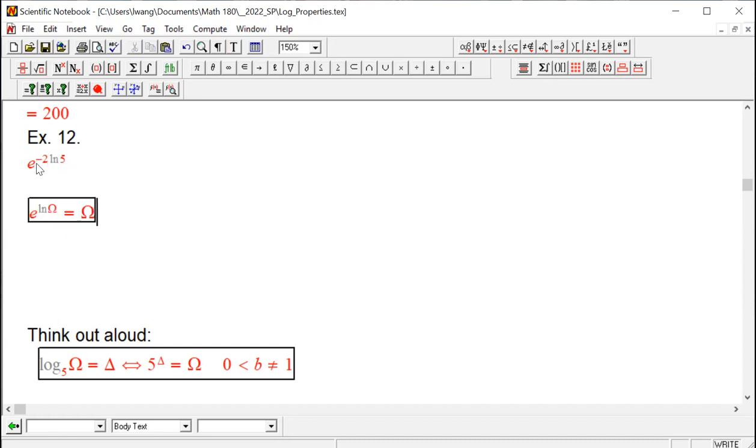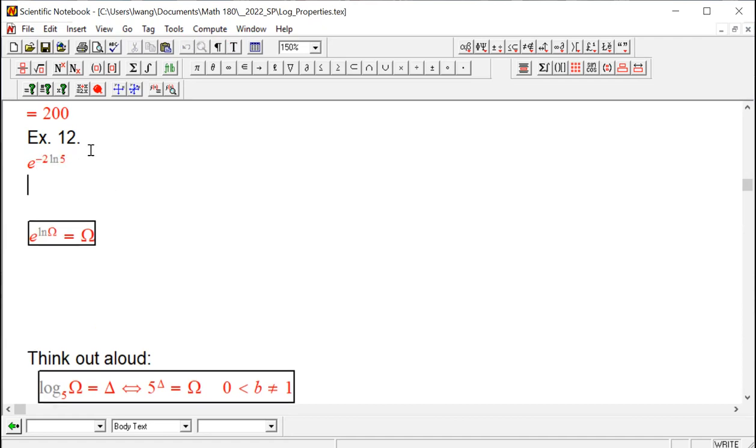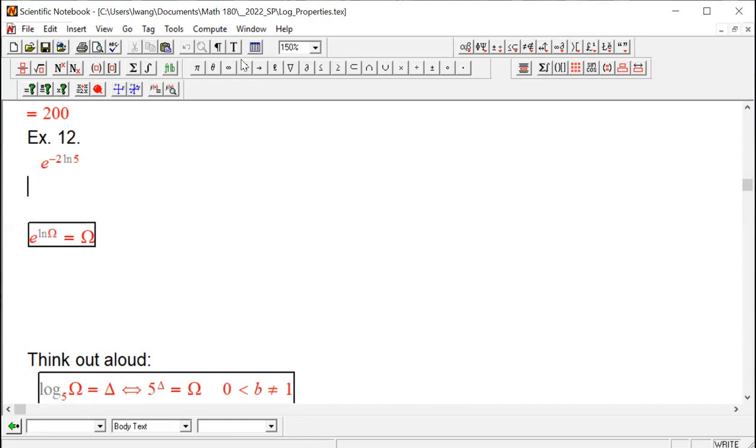So the power to e is really -2 multiply ln 5, but we can use this property. Let me write it down for you: base b raised to the power of m, and then to the power of n, is equal to b raised to the power of m times n.